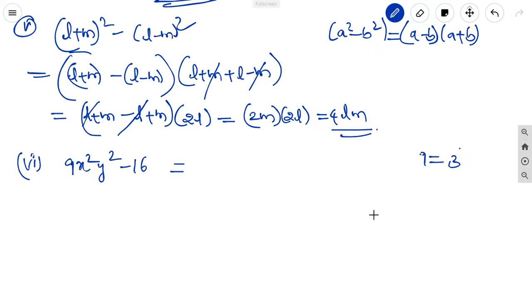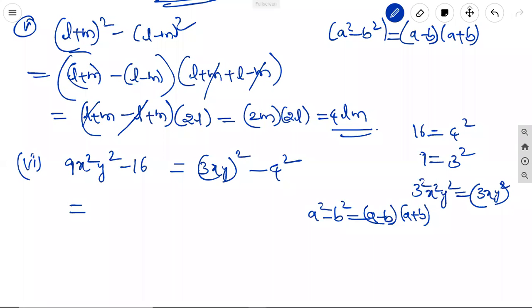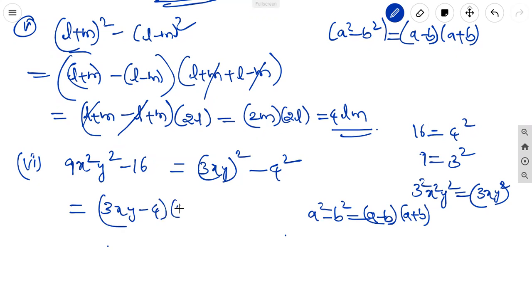A square minus b square equal to a minus b into a plus b. So 3xy minus 4 into 3xy plus 4.